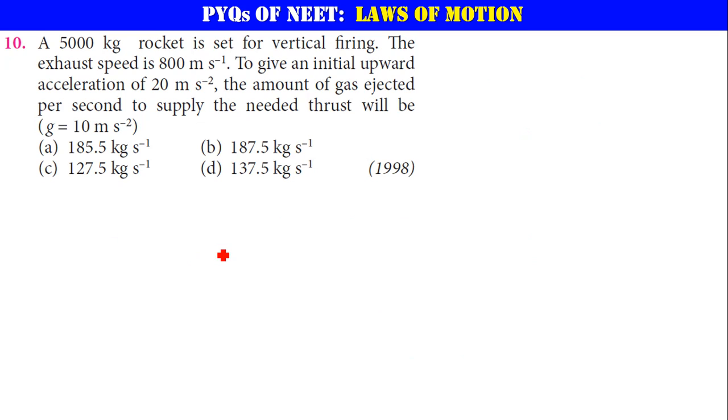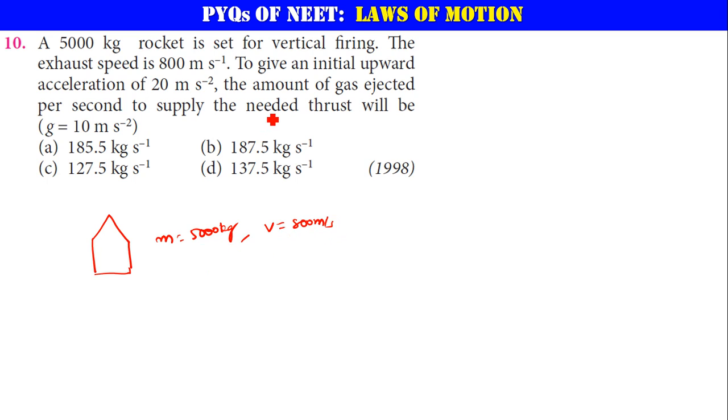A 5000 kg rocket is set for vertical firing. So let's consider there is a rocket. The rocket is already set up for vertical firing. What is the mass here? 5000 kg. The exhaust speed is 800 meter per second.